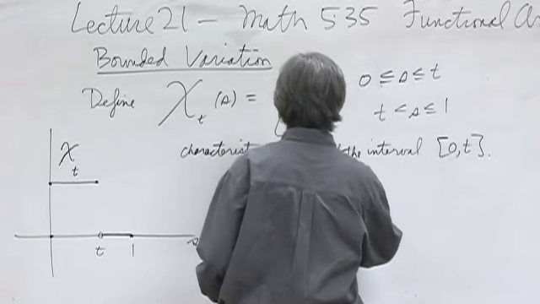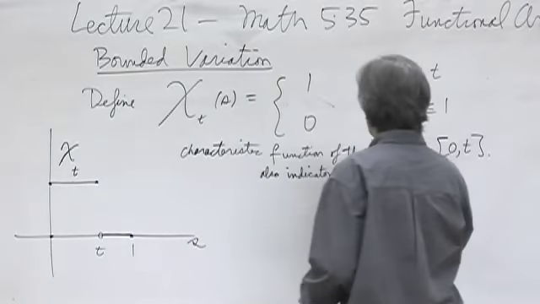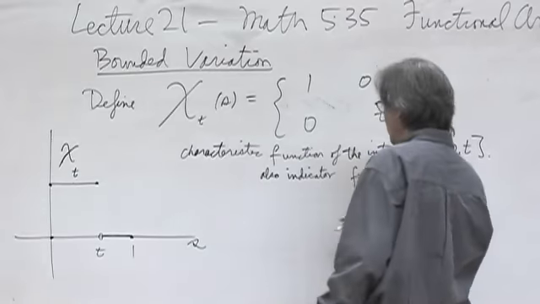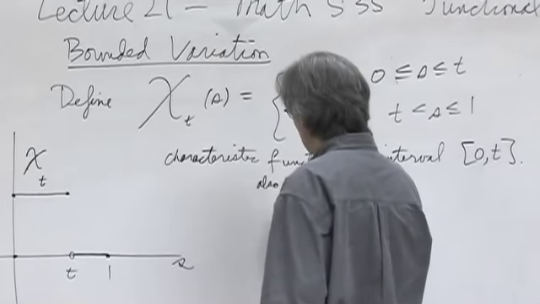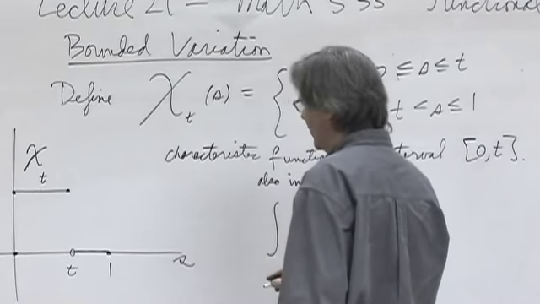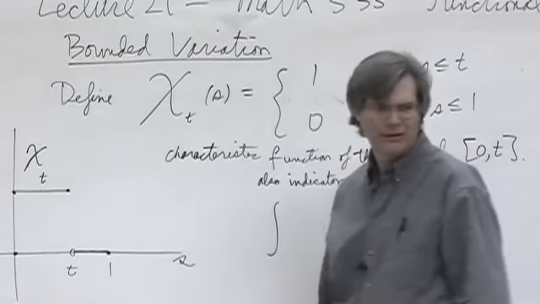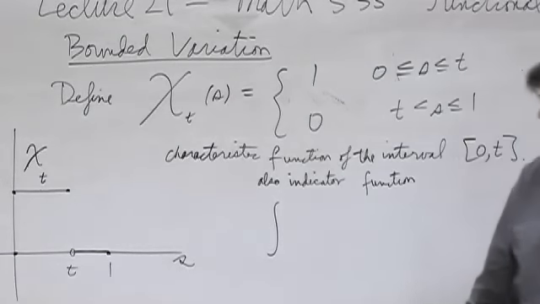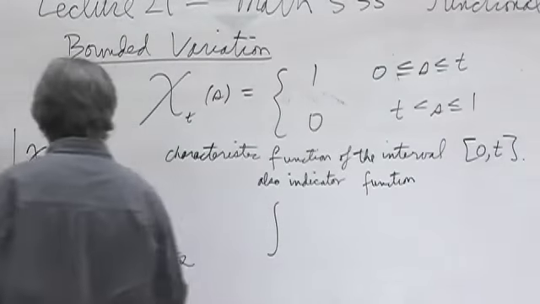So you have that function. Why is that important? Because I can use that function as a function of bounded variation. Its variation is just 1, the difference in the heights.